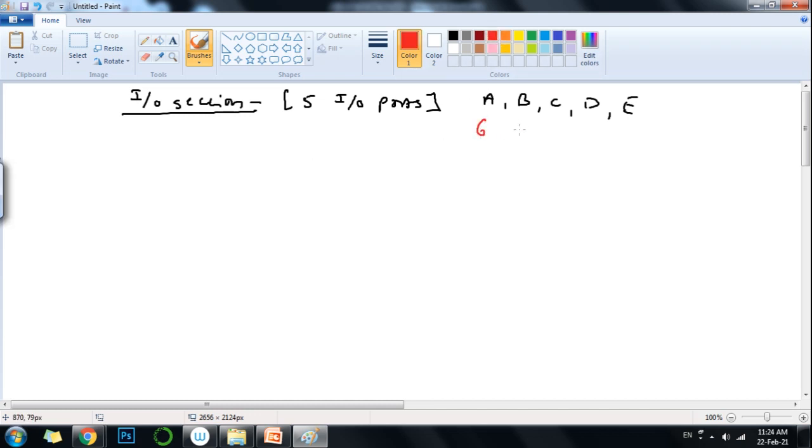Port B, C and D are 8-bit ports, and port E is a 3-bit port. That's how 33 IO lines are available in terms of these ports. This we have seen. Now let us see the different features of the different ports one by one. So suppose we begin with port A.